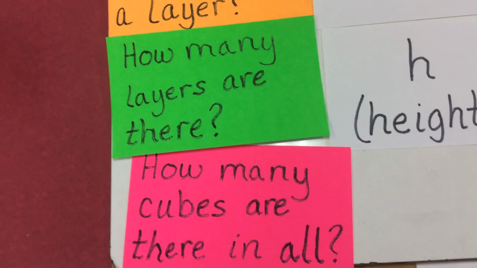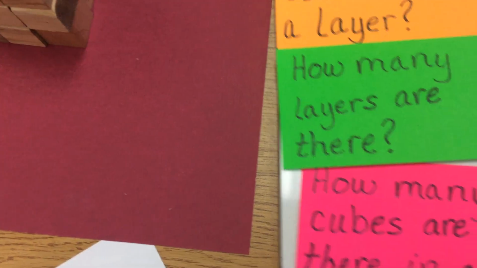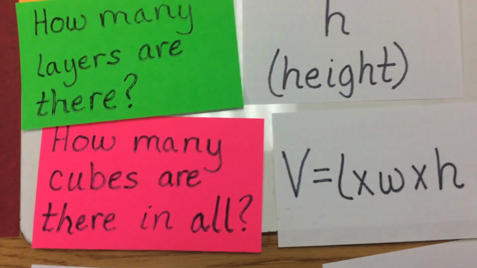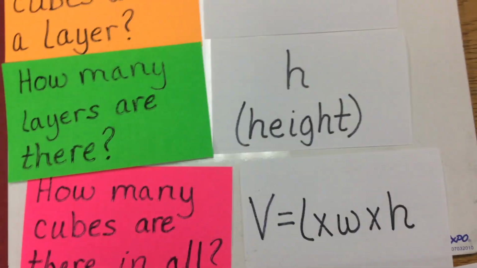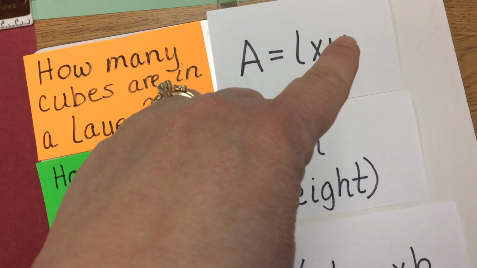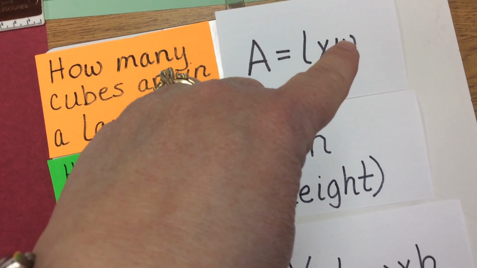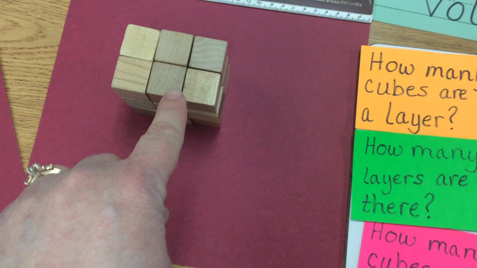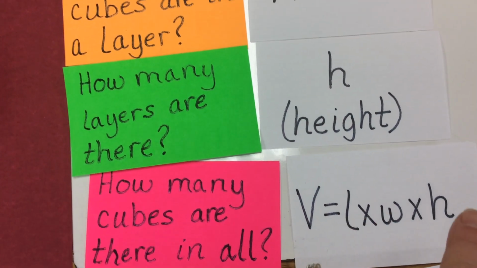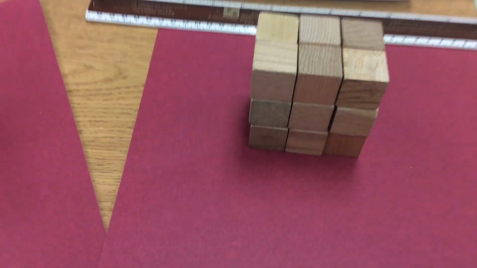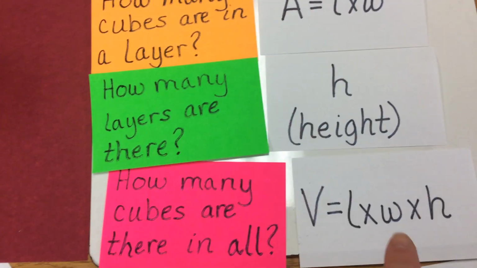So then we go back to how many cubes in all, which really is volume. And we take the length times the width, which remember was 3 times 2 is 6. And then we multiply it times the height, which remember is 3.